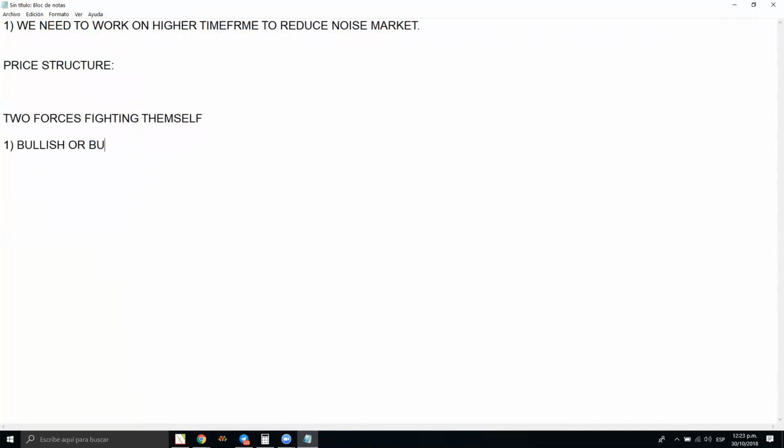So first we have the bullish, or buyers. Second, we have the bearish, or sellers. So the main idea is to go with the stronger force.